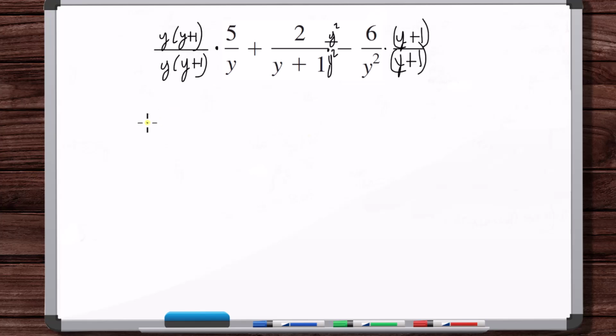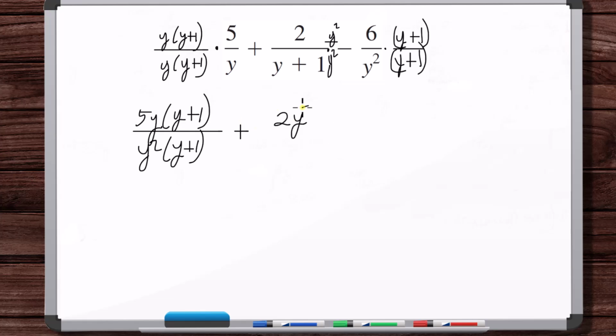So we're going to get 5y times (y plus 1) over y squared times (y plus 1), and then 2y squared over y squared times (y plus 1). And then here we'll get 6.